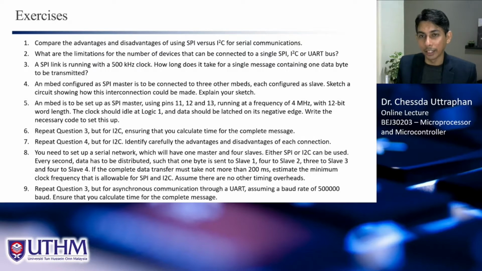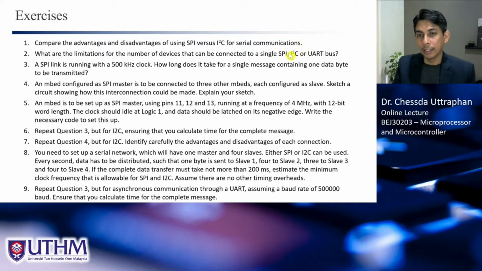For example, you want to connect to other LED or LCD, right? So the limitation is there because you have the extra chip select line.